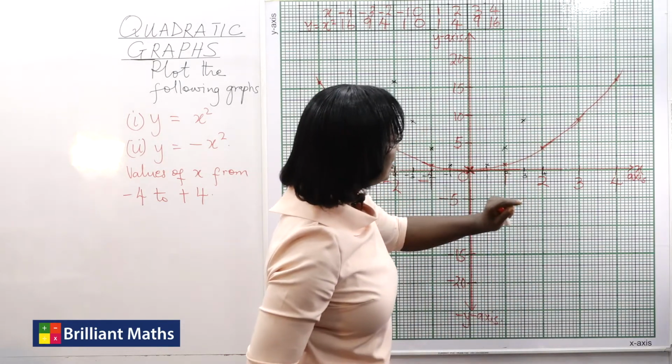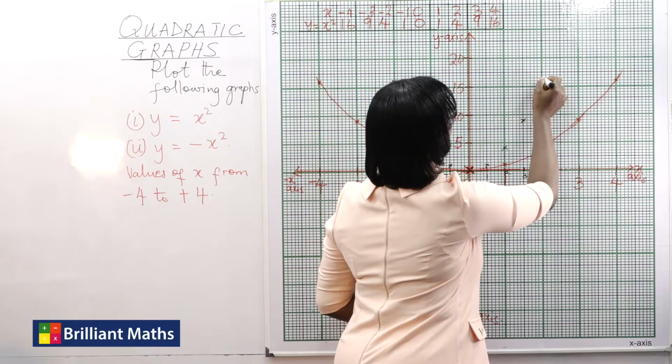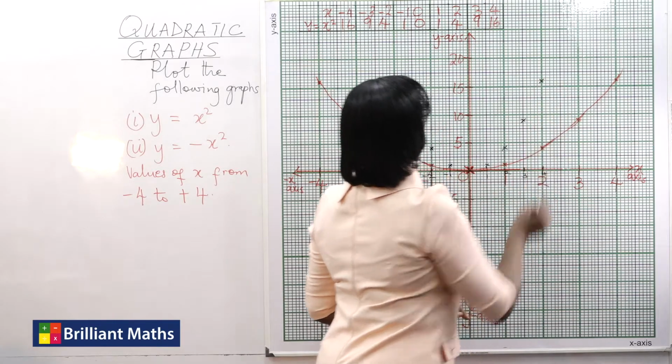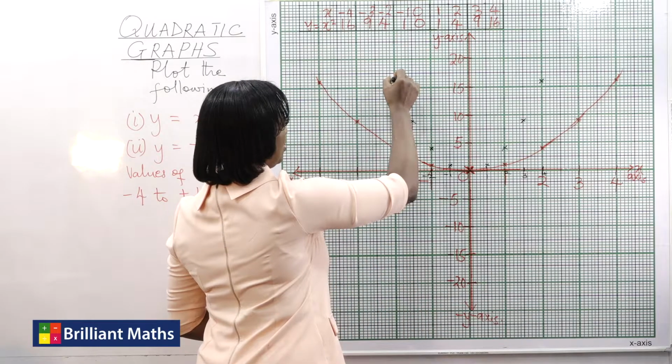And x positive 4, y 16. So let's see what the graph looks like this time.